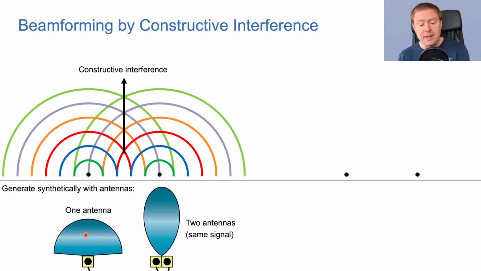Both of them are radiating the signals uniformly in all directions. But by transmitting the same signal at the same time from these two antennas, we are effectively focusing the signals forward in this case here. And that is what we call beamforming.